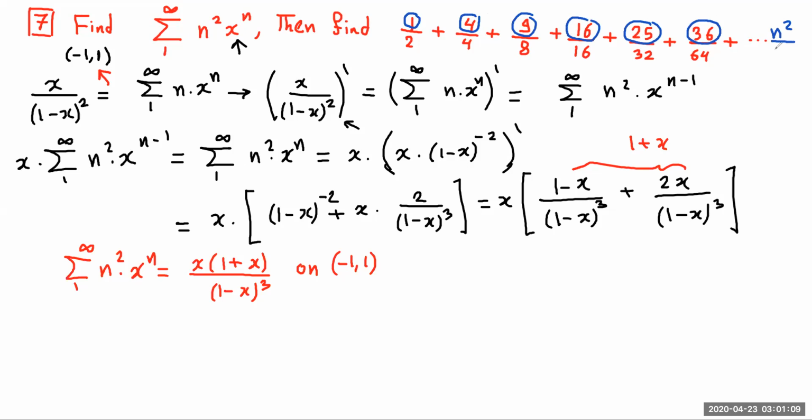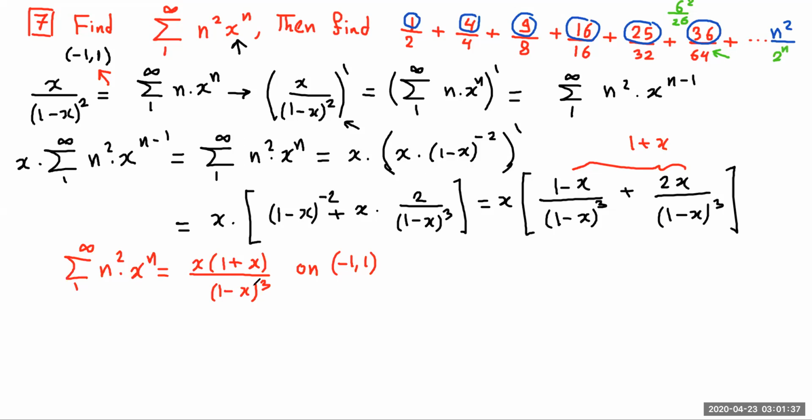Divided by 2, 4, 8, 16, 32, so 2 power 1, 2 power 2, 2 power 3, and so on, which is 2 power n. For example, this fraction is 6 power 2 over 2 power 6.